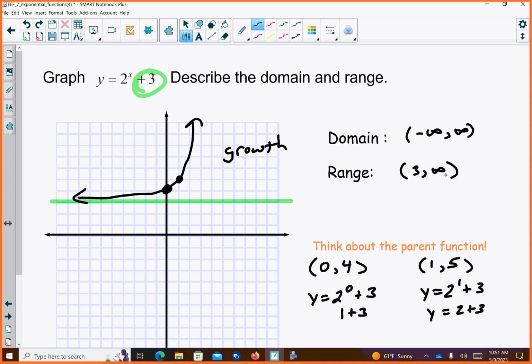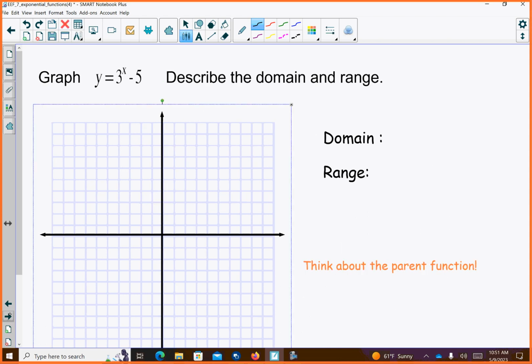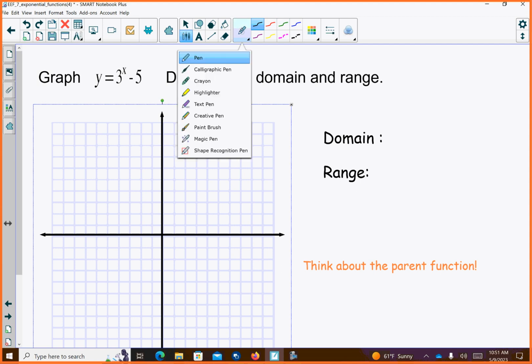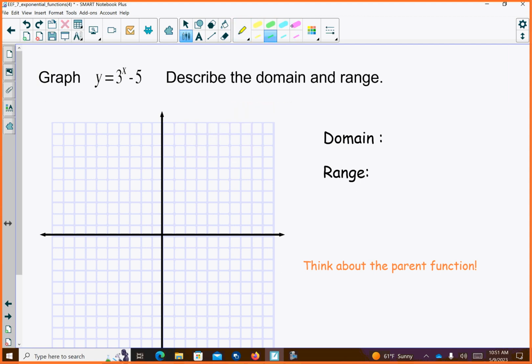Ready? Here we go. Friends, what do you think the asymptote should be? -5. Yeah, baby. That's my asymptote. So 1, 2, 3, 4, 5. That pink line's my asymptote. You still with me?